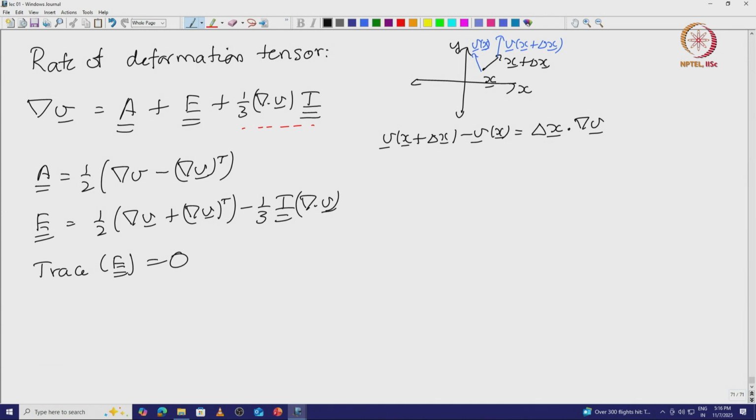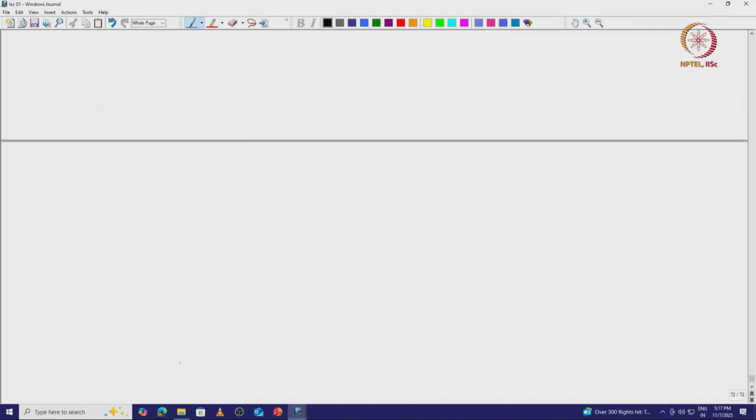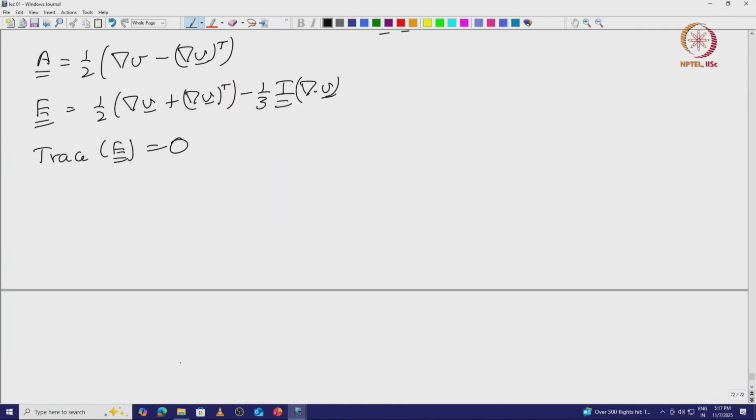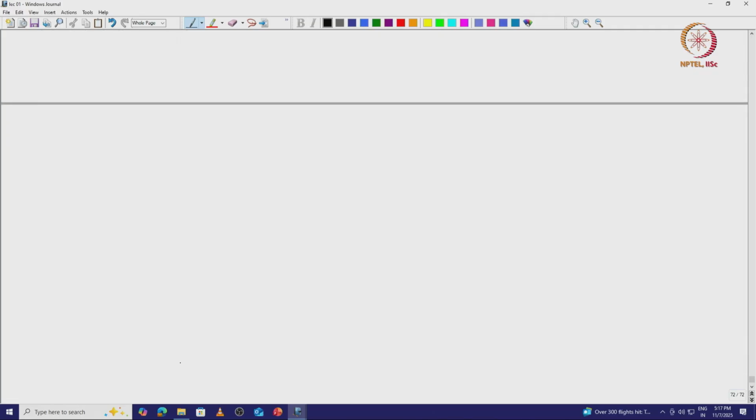That means that the sum of the diagonal elements of E has to be equal to 0. And we had looked at the physical interpretations of these.